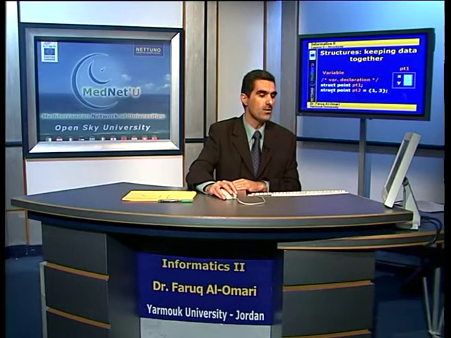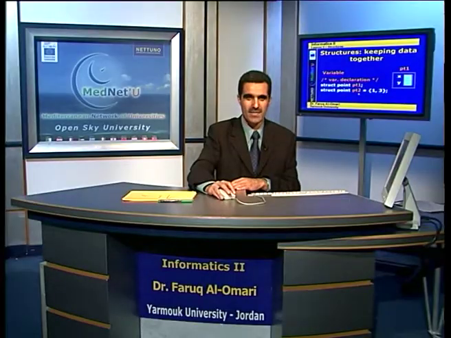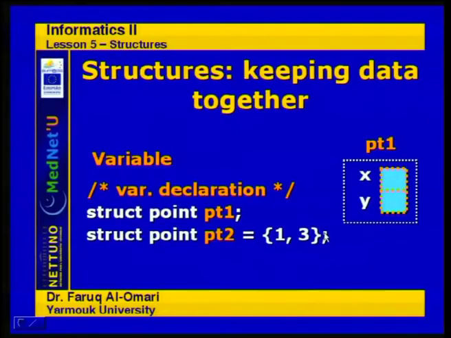Okay? Or I can say something like struct point PT2, and this time in my declaration statement of this variable PT2, I'm making an initialization. The way I initialize the struct, if I would like to do it in the declaration statement here, then I need to use braces, the same thing we used in the definition of the structure itself, and inside it I will have the values I would like to assign for the different members.